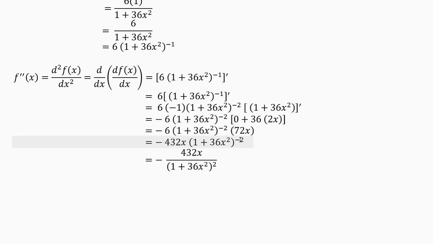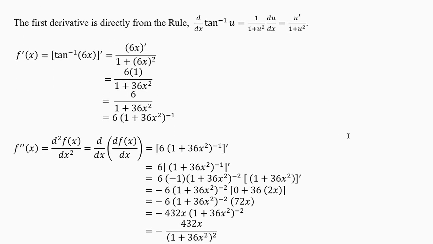No need to write it on the right because we are going to take this power minus 2 over the bracket to the denominator and you'll get minus 432x divided by 1 plus 36x square whole square. When we shift the expression to the denominator, the power minus 2 will become plus 2, and this minus is overall outside, it will remain. So much for the 8th question.